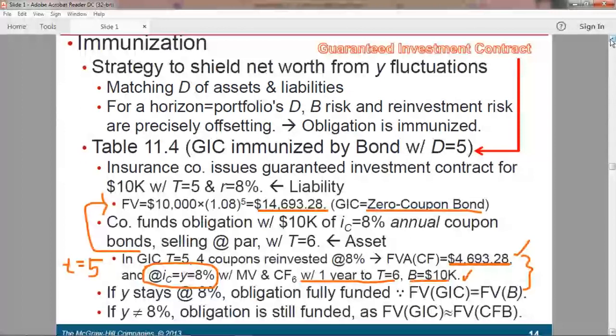You will buy bonds, invest in bonds that pay fixed income. Of course, coupon is fixed income, and then at the end, you will have the face value. So altogether, it should come to $100,000, right?